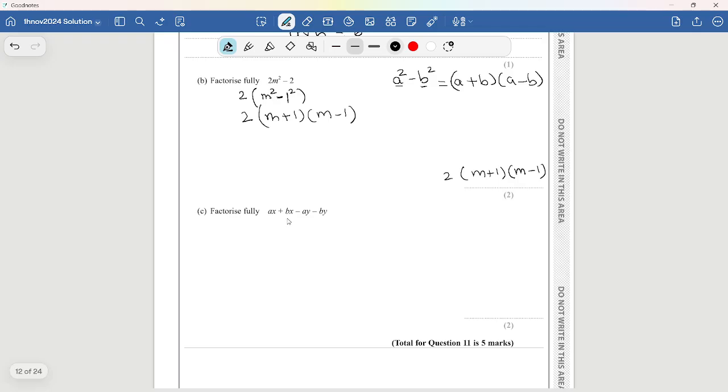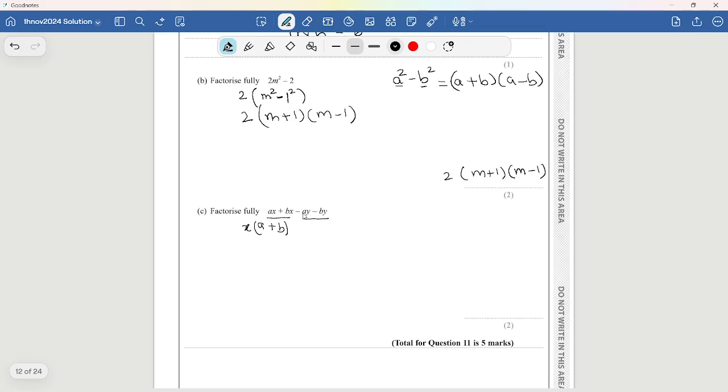Factorize fully ax plus bx minus ay minus by. So you see there are like terms here. If we consider the first two terms together and the last two terms together, we can factorize them separately. So in ax plus bx, you can take out x as common, and then we have a plus b remaining.